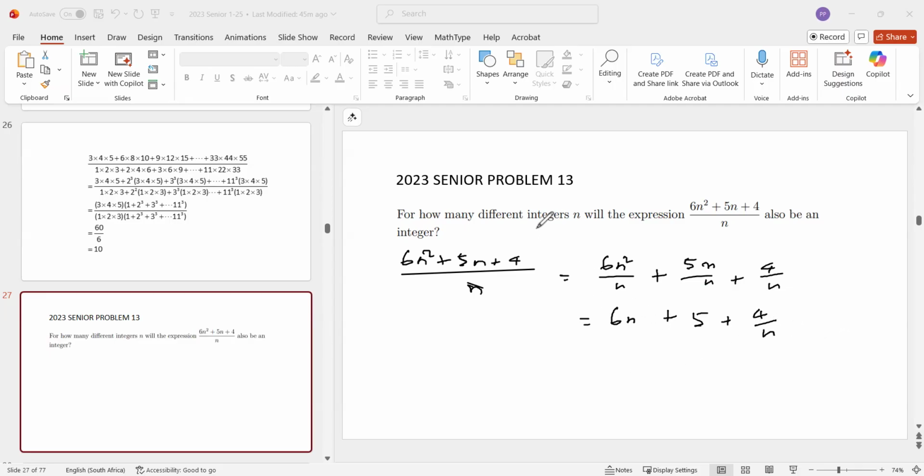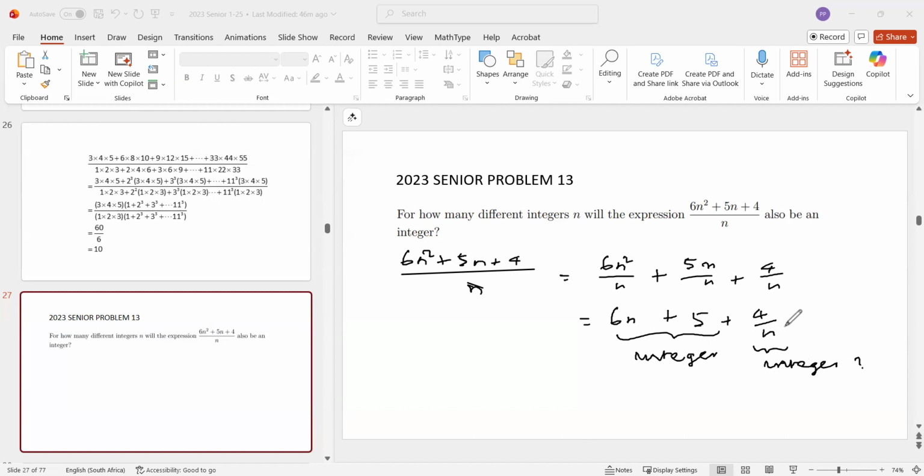Now n is an integer, it says here. So therefore 6 times an integer is again an integer. And if you add 5 to an integer, you get an integer. So this entire first part is already an integer. You want the whole thing to be an integer, so it will be an integer provided what remains is an integer.